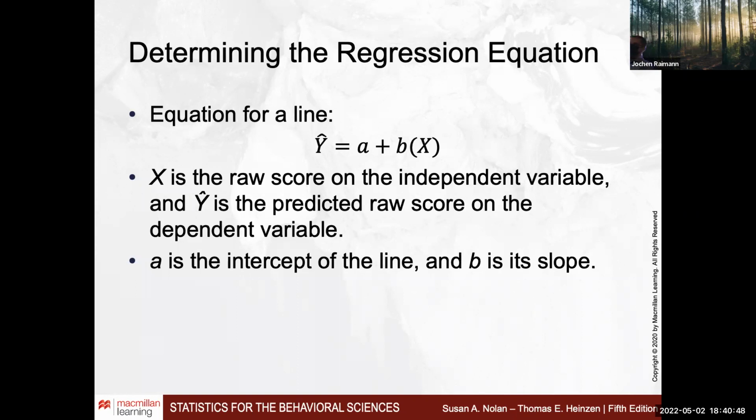What I just said: y hat equals a, the intercept, where x equals 0, because if you have x equals 0 and you multiply it with a slope, this becomes 0, so you add 0 to your a, so y hat equals a when x equals 0. This is arithmetically defined. So a is the intercept, b is the slope.